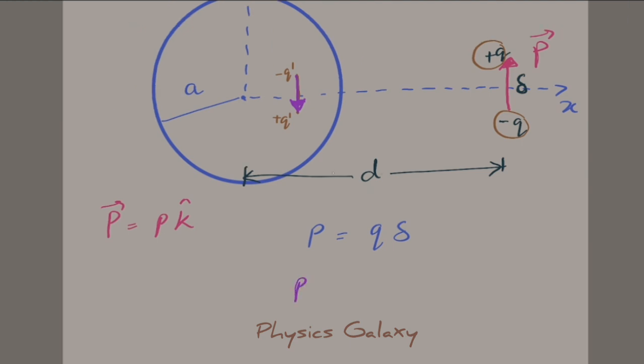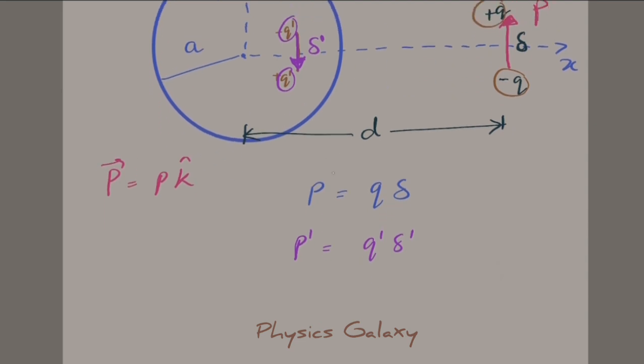I will write p dash, which equals q dash times delta dash, right? q dash is this charge, and delta dash is this separation. Now we know what q dash is. Neglecting the minus sign, it is q times a by d, because we already know this from the previous lectures.